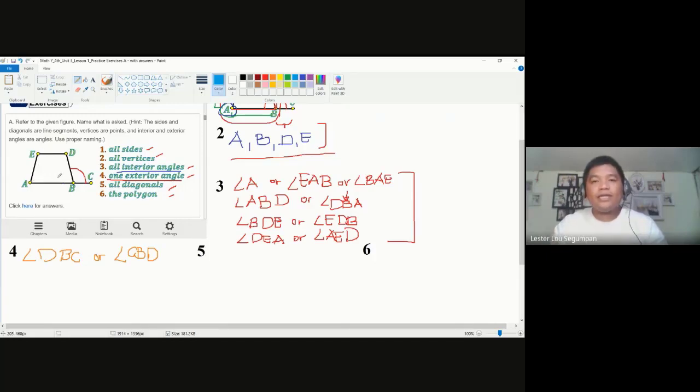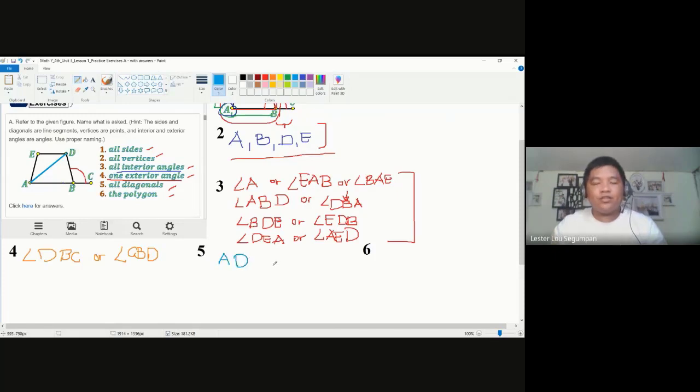So the only non-consecutive vertex for vertex A is vertex D. And if we draw a line, that would be our diagonal.